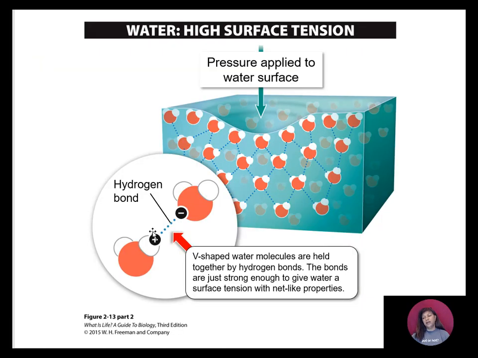It turns out those hydrogen bonds that we talked about between the different water molecules actually end up forming a net. And this is called surface tension. And so water actually has a high surface tension. And so certain insects and also the lizard, as we saw, can actually walk on this surface tension of water. We, as humans, cannot. Be nice if we could.